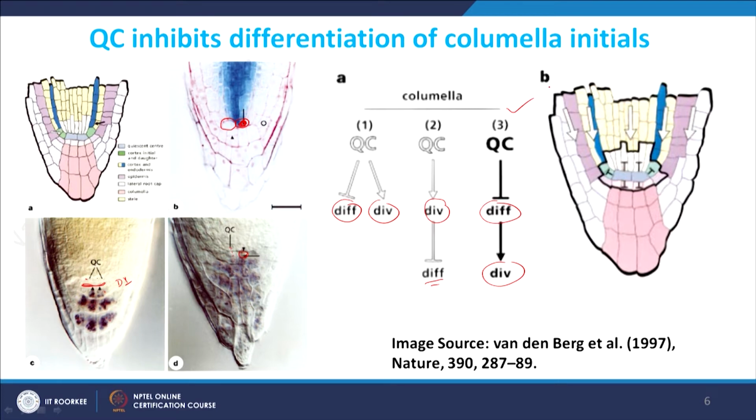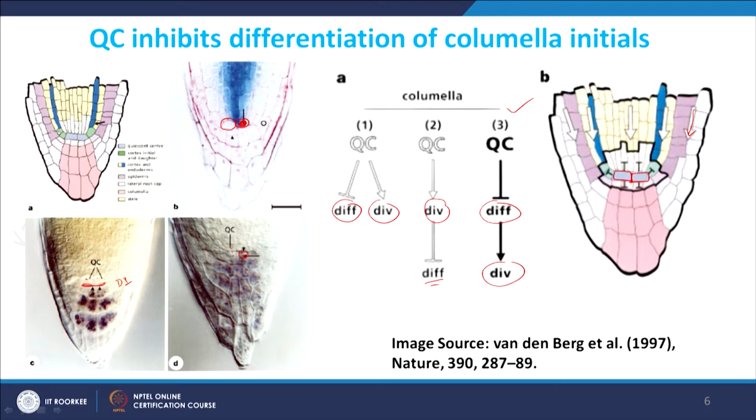Then on the basis of this, one model has been proposed, and the model is that there are basically two types of signals. One signal might be coming from the very mature cells of the upper region of the root, and it is the differentiation signal, promoting differentiation. Another signal is coming from the QC, and this signal is basically inhibition of differentiation.